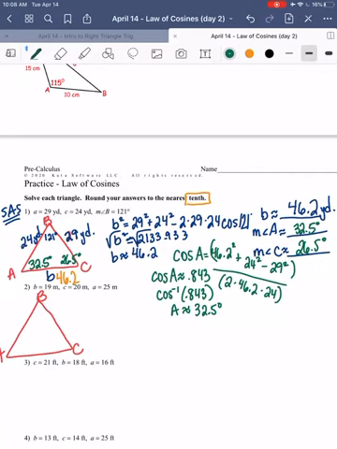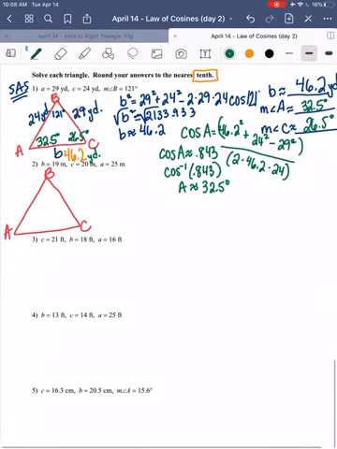So is the largest angle across from the largest side? Is 121 across from the 46.2? And the answer is yes on that one. And then the smallest angle is the 26.5 and it's across from the 24. So it doesn't help me say I'm 100% correct, but it helps make sense of my problems, okay?